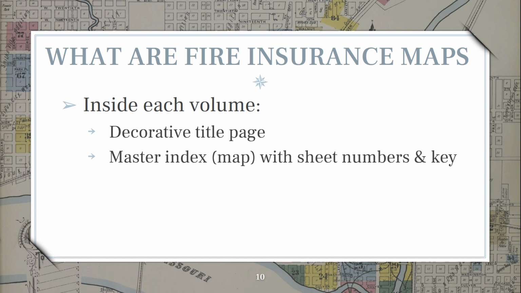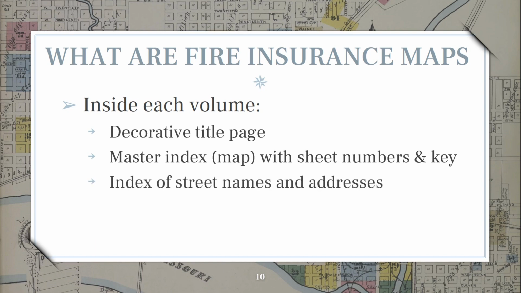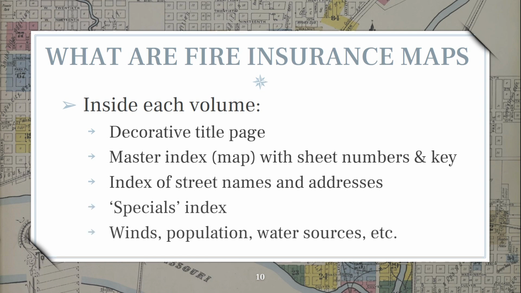This page typically also includes the key, an index of street names and addresses, a specials index with the names of churches, schools, businesses, and other institutions. The maps may also contain information about prevailing winds, the population number, and a description of water sources and nearby fire departments and equipment.